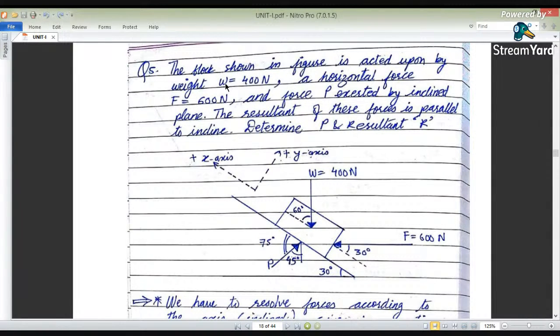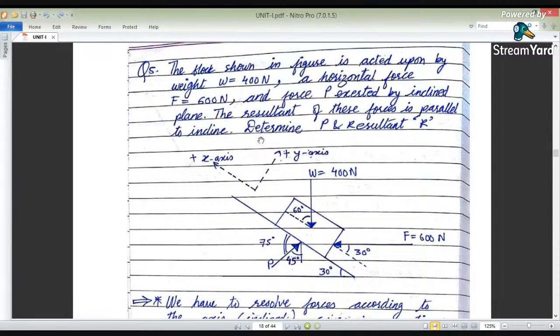Here we read: the block shown in the figure is acted upon by a weight of 400 newtons, acting vertically downwards, whereas a horizontal force F is 600 newtons. Force F has been applied horizontally, and force P is exerted by the inclined plane.